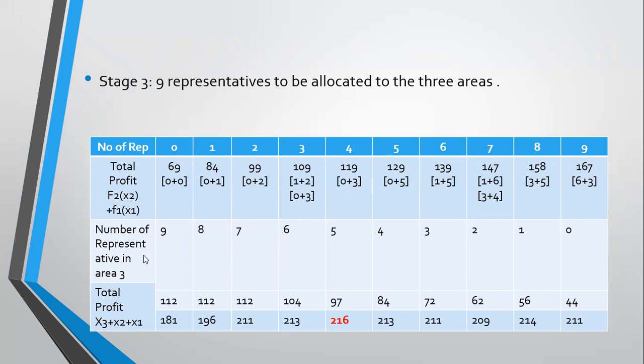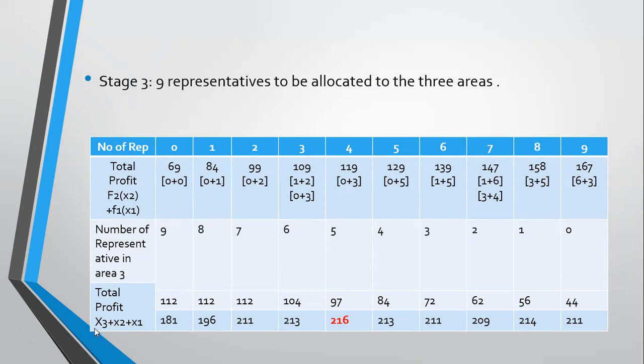Now, for the number of representatives to be allotted in area 3: first, we have combined areas 1 and 2, and this is the net result which is available. Along with this answer, we want to add area 3 details also.